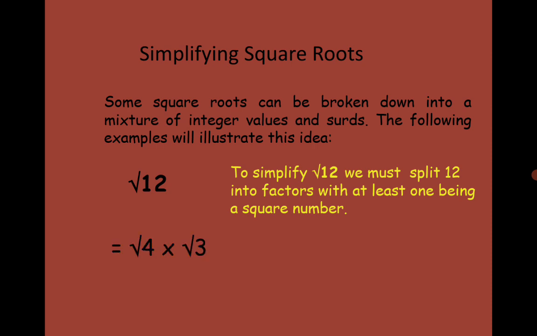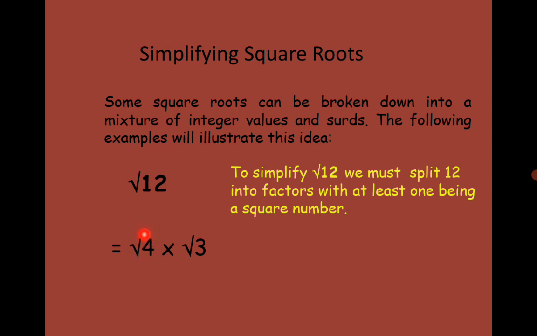Okay, you find that 12 is the same as root of 4 times root of 3, because 4 times 3 is 12. So we have split root of 12 as root of 4 times root of 3.